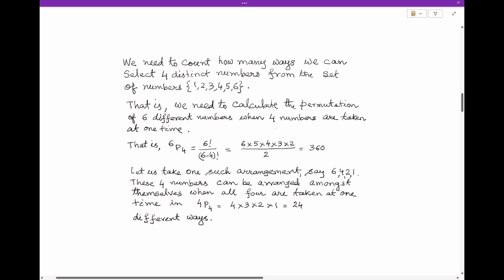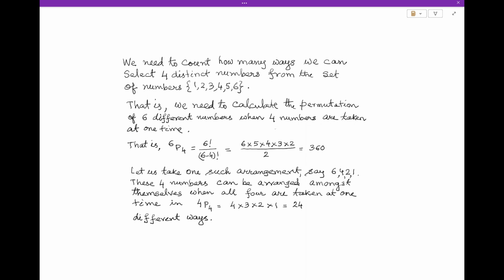We need to count how many ways we can select 4 distinct numbers from the set of numbers 1, 2, 3, 4, 5 and 6. That is, we need to calculate the permutation of 6 different numbers when 4 numbers are taken at one time. That is 6P4, that is 6 permutation 4.